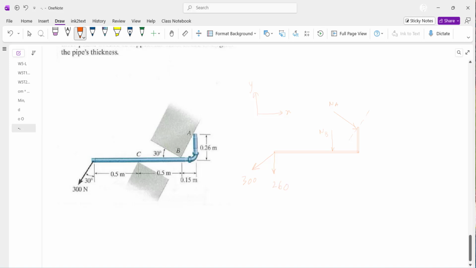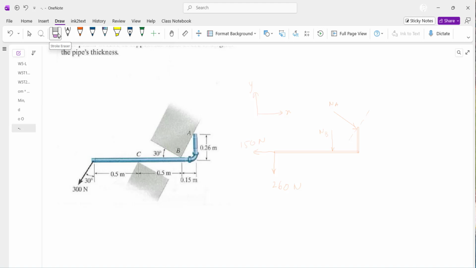Let's simplify. And then the horizontal component of this force is 300 sine 30, which is 150. The unit is Newton. I'm going to get rid of the original force. This is essential, making sure you don't count the same thing twice. And then NB is aligned with the coordinate system, that's okay.